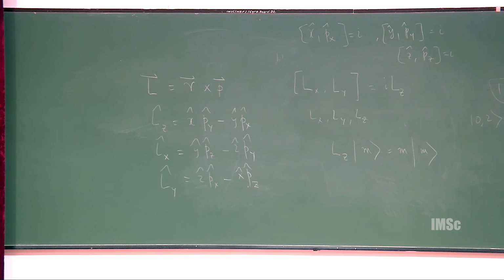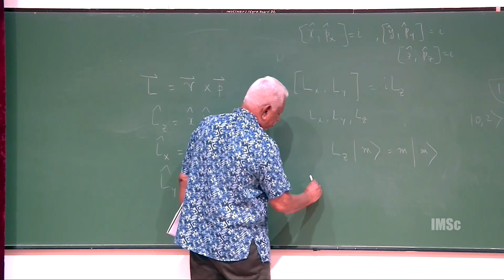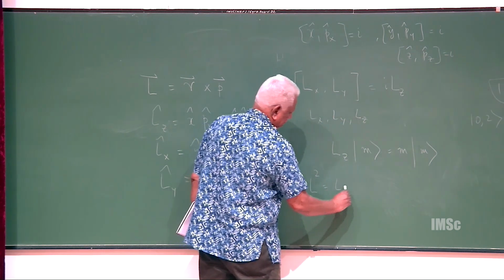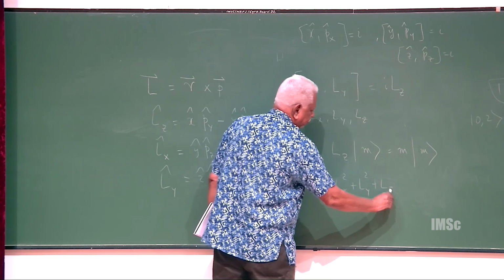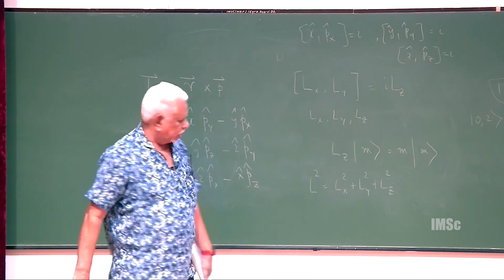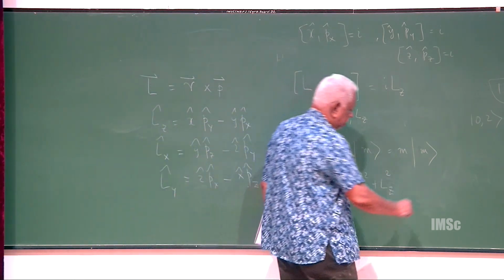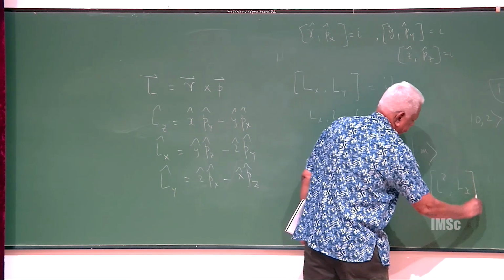Now there is one more, and that's the interesting part. I compute what is called L square: Lx square plus Ly square plus Lz square. I call it L square, and then I find out the commutation relation of L square with Lx.